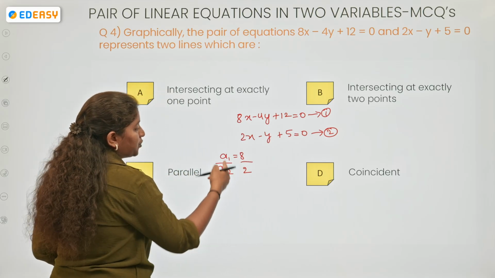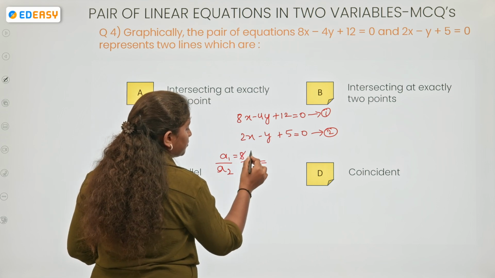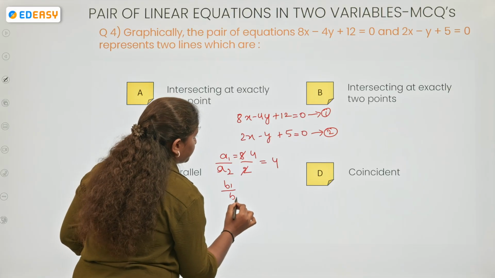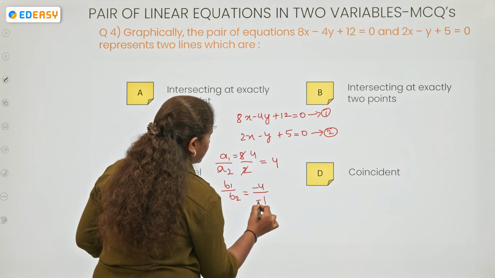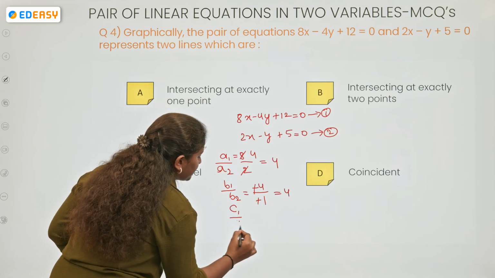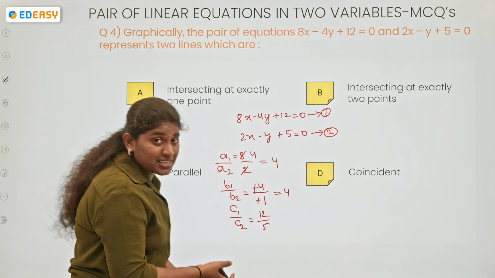Now a1 by a2 is 8 by 2, which is nothing but 4. What about b1 by b2? b1 by b2 will become minus 4 by minus 1. Minus minus cancel, and 4. What about c1 by c2? c1 by c2 is 12 by 5. There is no cancellation here.